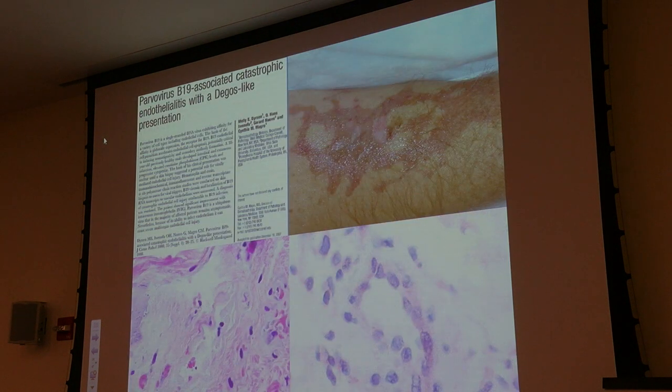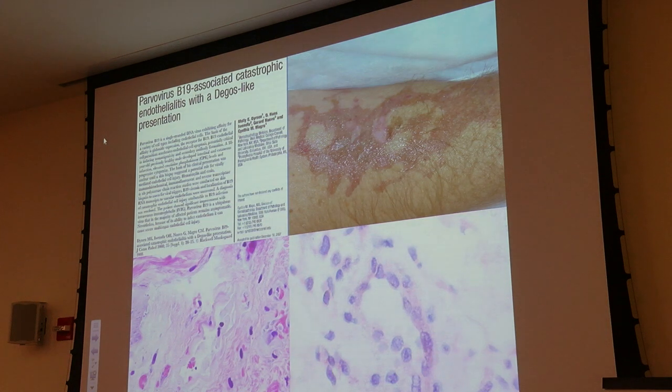And in our study that I just showed you, which proposed that the microangiopathy and arteriopathy of Degos is linked to C5b-9 and MxA, we did show RT in situ PCR expression for parvo in a few of the cases.